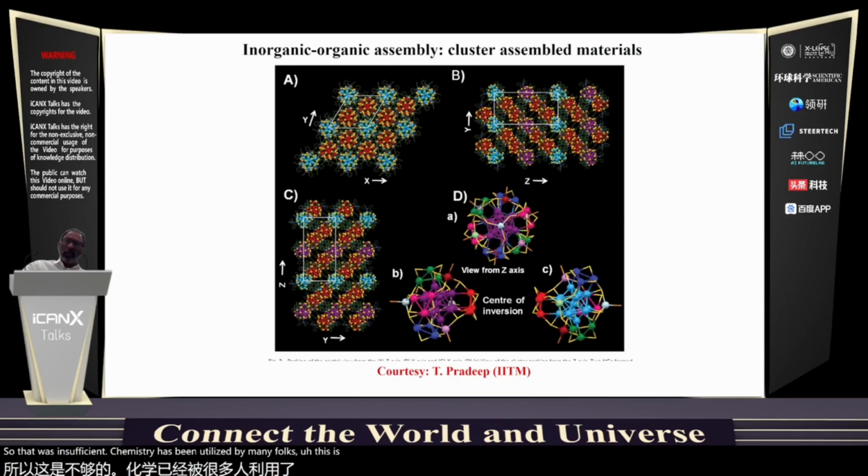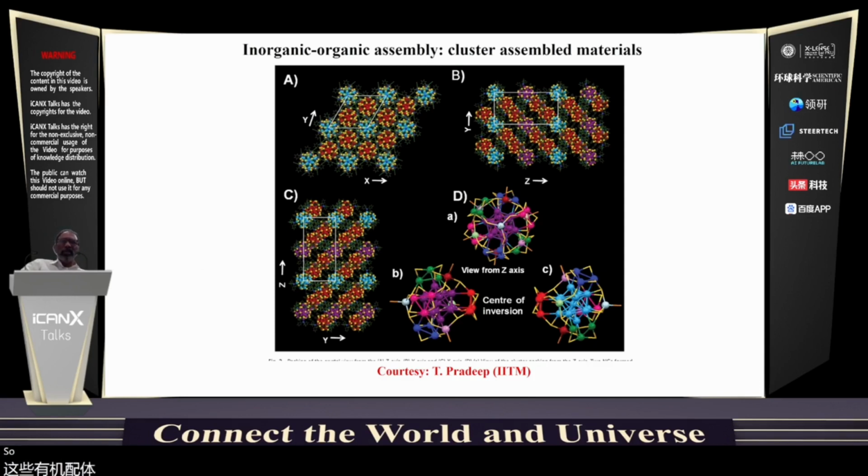This is not from our group, but it's from friends in IIT Chennai, showing that today you could build very large-scale cluster assemblies by the utilization of very size-specific clusters, for example, atoms, and these organic ligands.